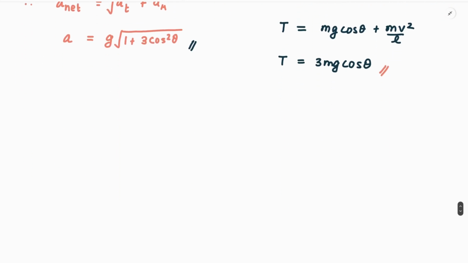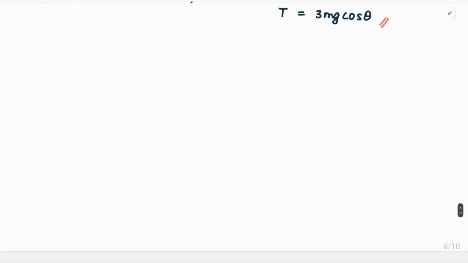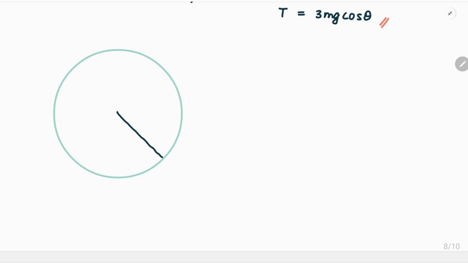So let us again construct the trajectory which we are discussing. If this is the circular path that we have, then at this point, which we are referring to as point P or any random point, we have a velocity v or speed v, and we can have two components of this speed v.